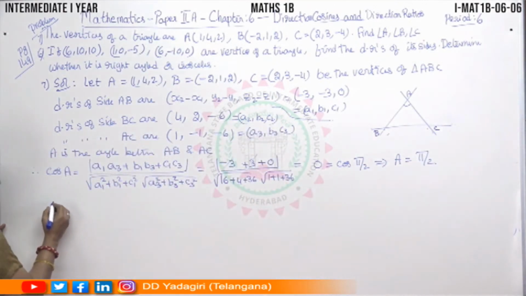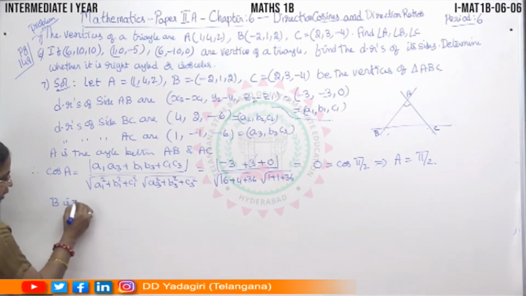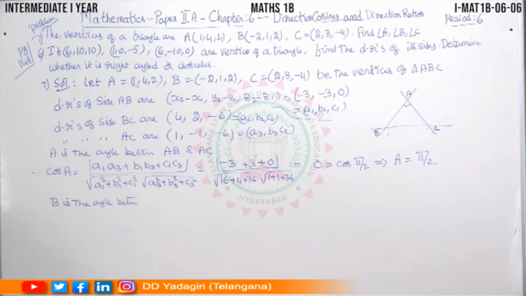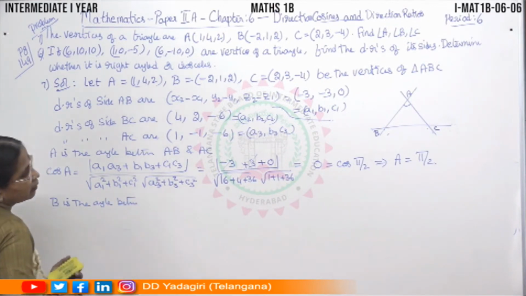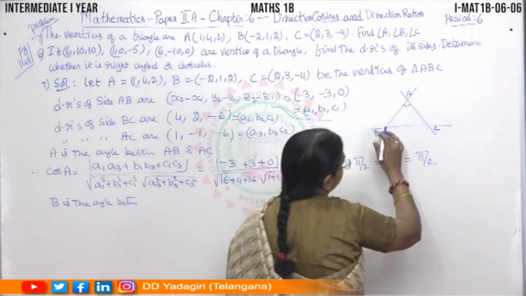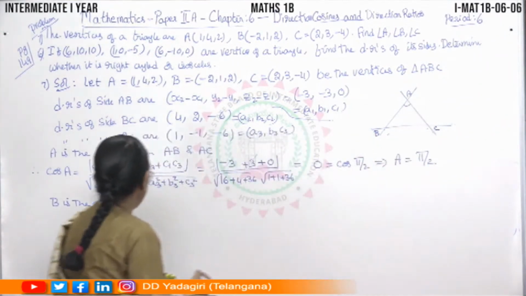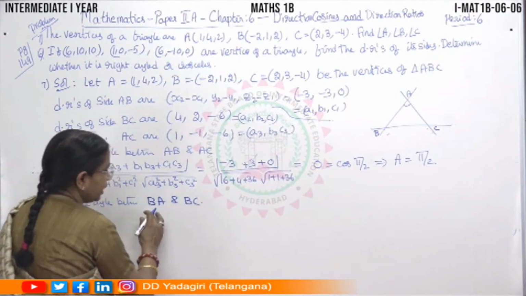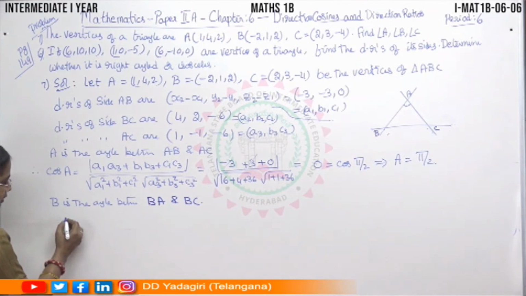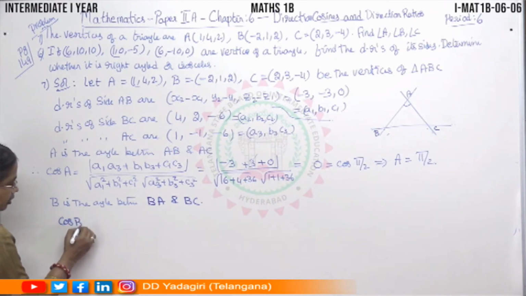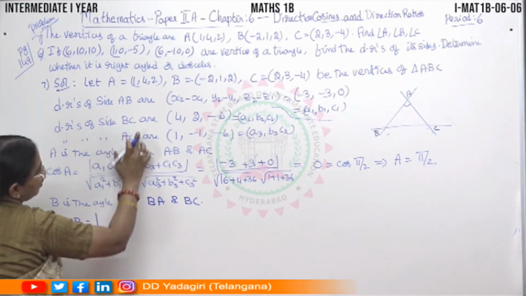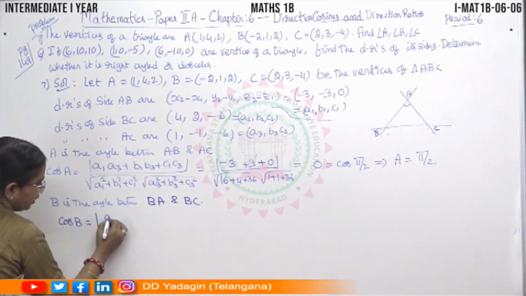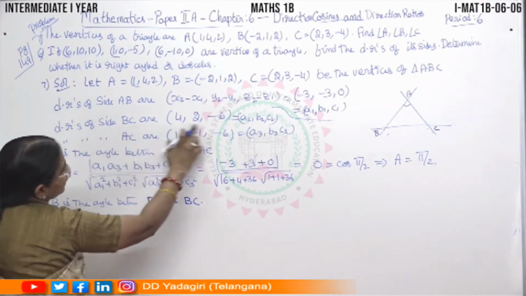Now in the same way we'll find angle B. B is the angle between BA and BC. BA or AB direction ratios are same, so it is a1, and for BC it is a2.